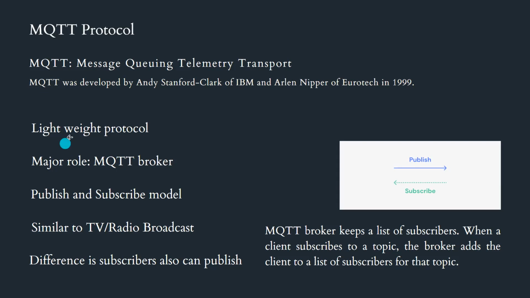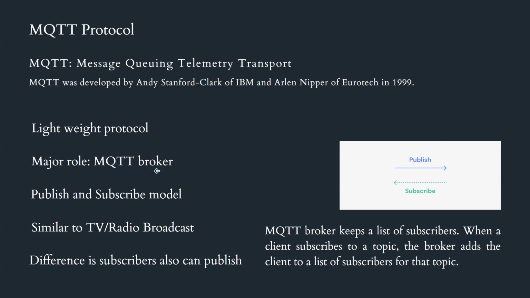Therefore, this MQTT protocol is also one of the lightweight protocols. And here, the special characteristic is that there is a component known as the MQTT broker in this protocol. It is like a server.